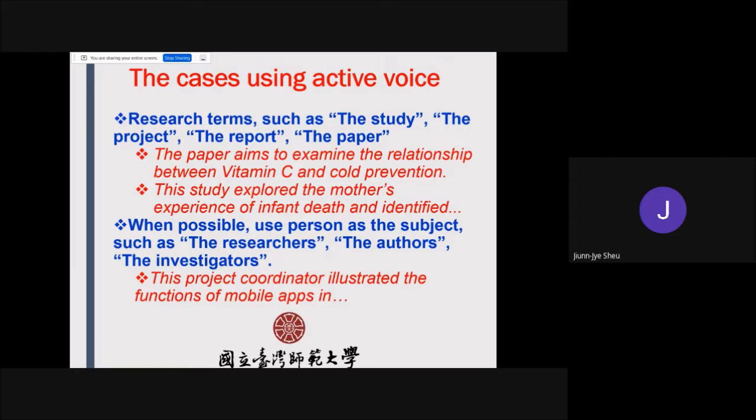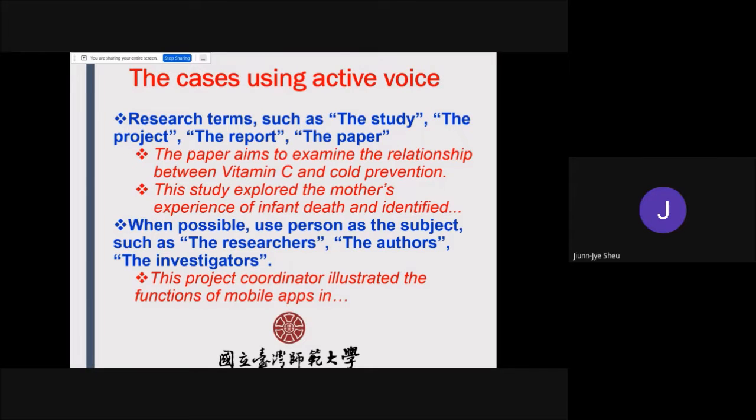And when possible, use a person as the subject, such as the researchers, the authors, the investigators, the coordinators, the participants, instead of a matter, such as the study, the project, the report, the paper. Using a person is better because typically only a person can take an action, not a study or a paper.